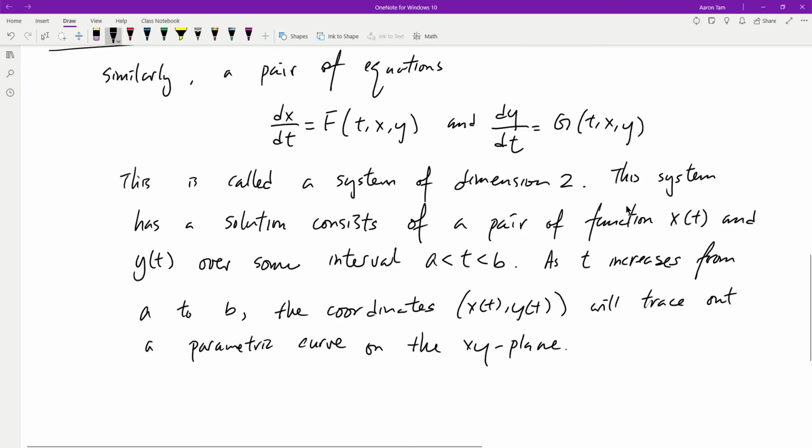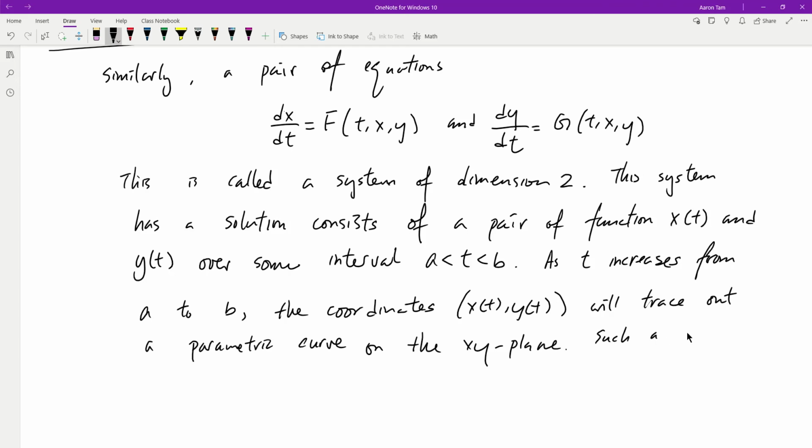So essentially, the solution to a system of dimension 2 would basically be a function that is mapped from R1 to R2. And this curve has a name.